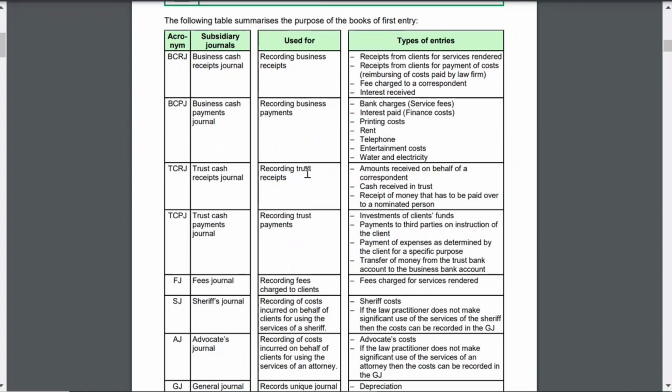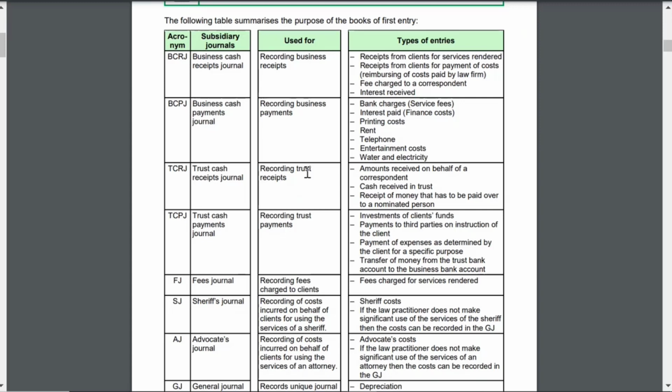But as my attorney, she's transferring 10,000 in advance. I have not performed the work as yet.